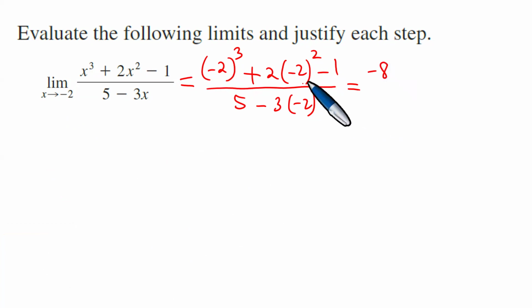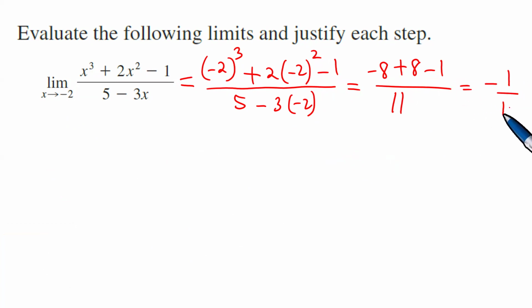You get minus 8. You square minus 2, you get 4, times 2, which gives us 8. Minus 1. You divide by 5 plus 6, which is exactly what? 11. And therefore, the answer is minus 1 over 11.